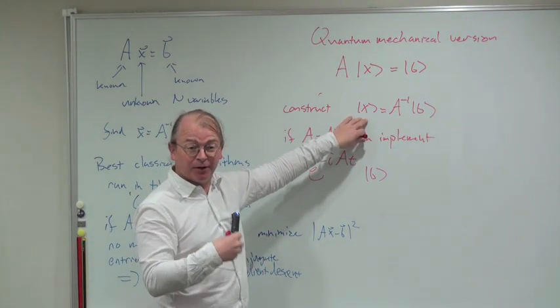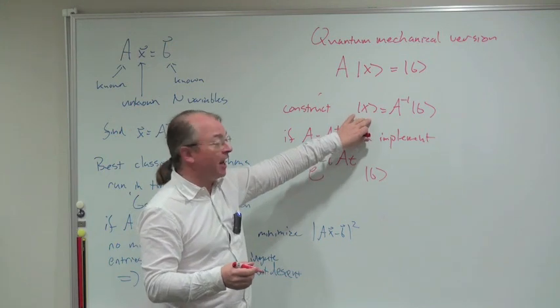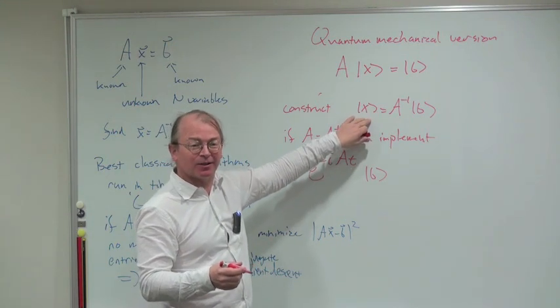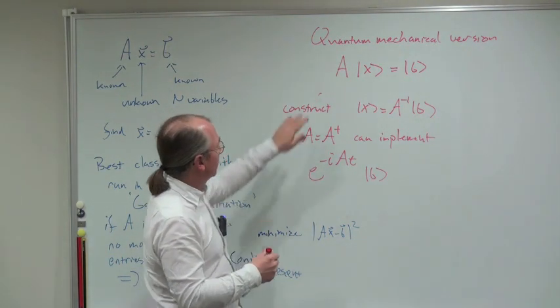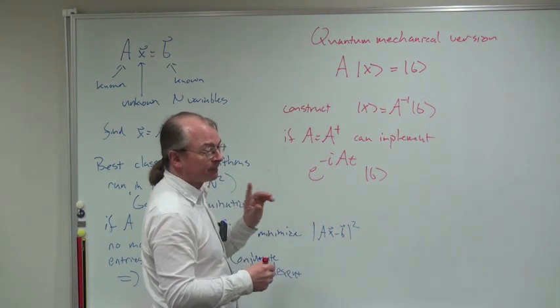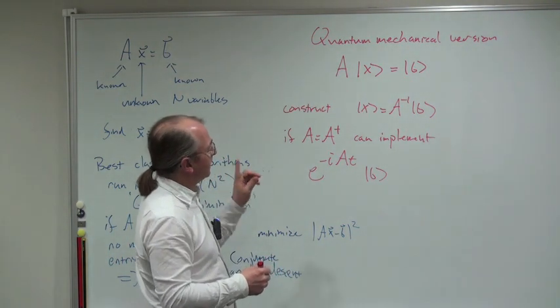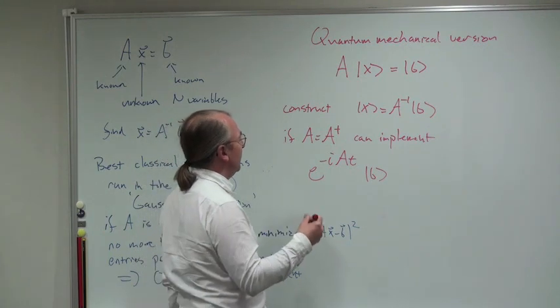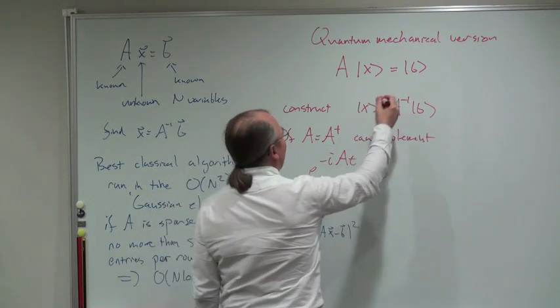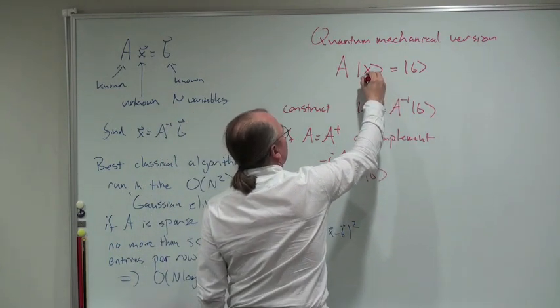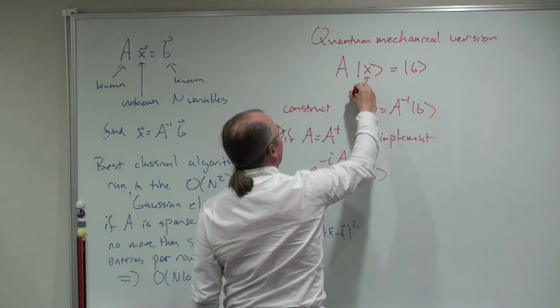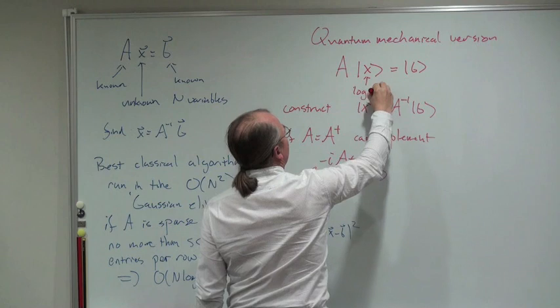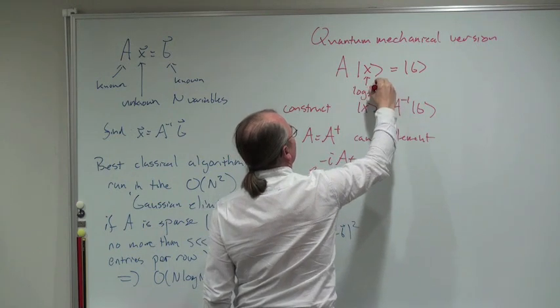So the question in the quantum mechanical version is, can we construct such an X? Let's look at the accounting for this. How hard is this to do? If this is an n-dimensional problem, then we need log to the base 2 of n qubits.